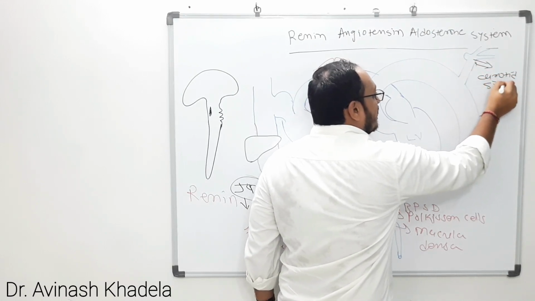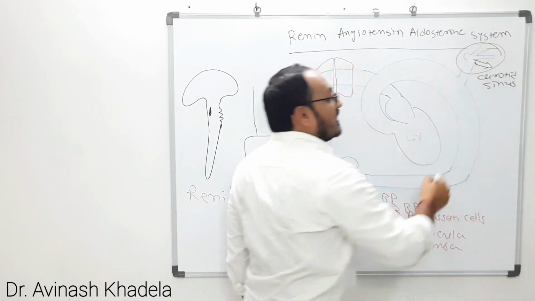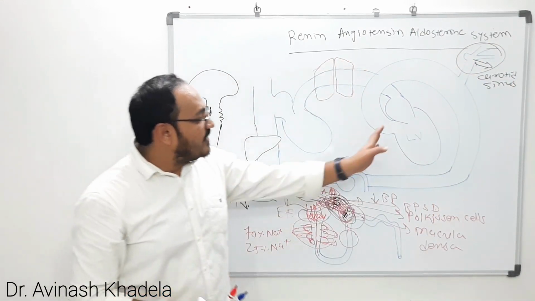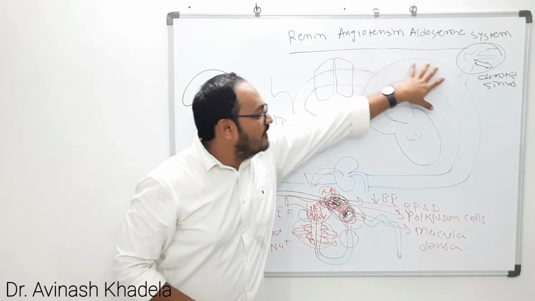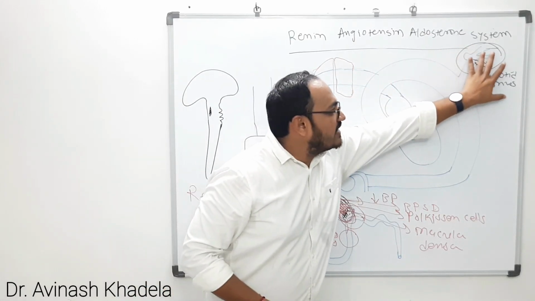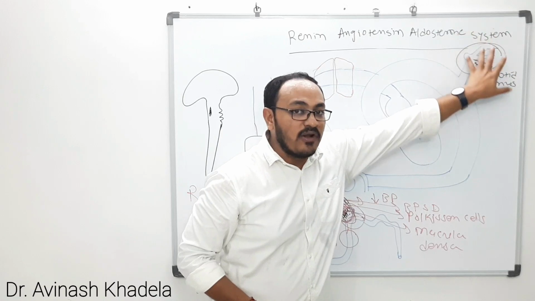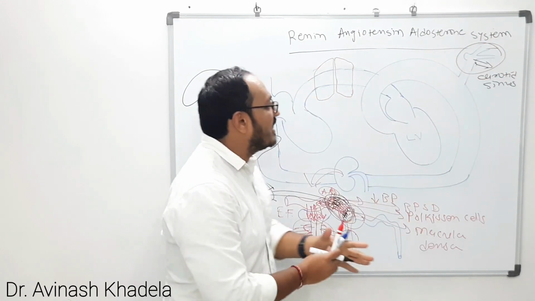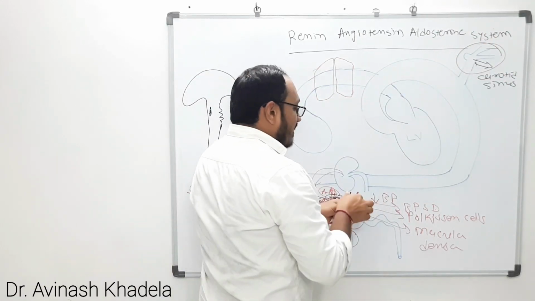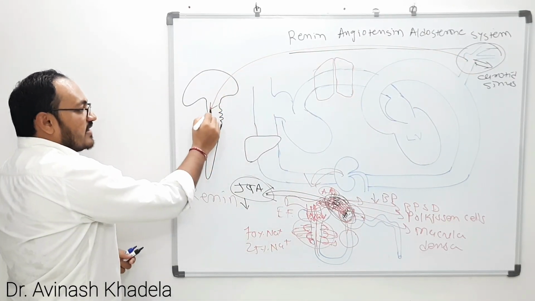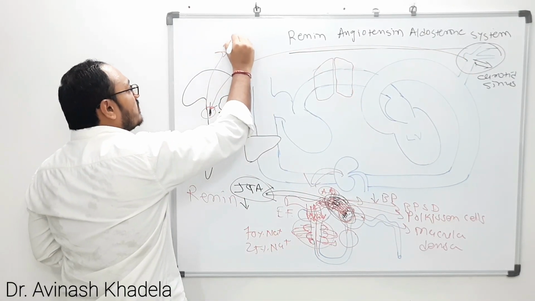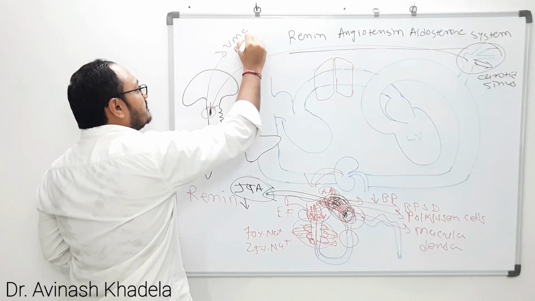This is the carotid sinus. In this carotid sinus, if there is a fall in blood flow coming out of the heart, the carotid sinus will sense that fall in blood pressure, and it will give a signal directly from this area to the vasomotor center present in the brain.